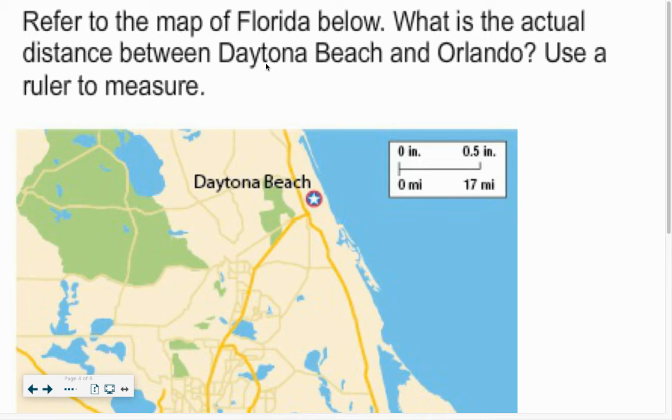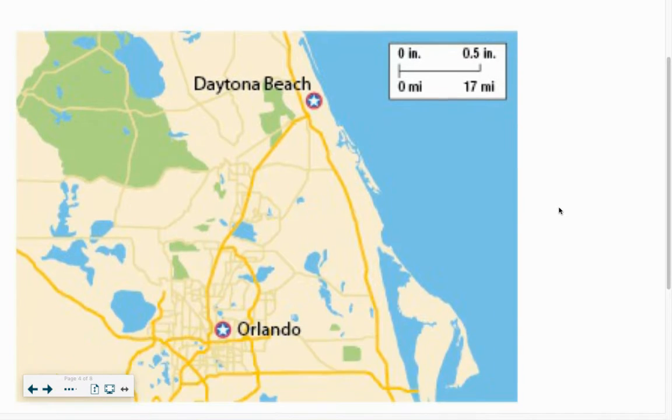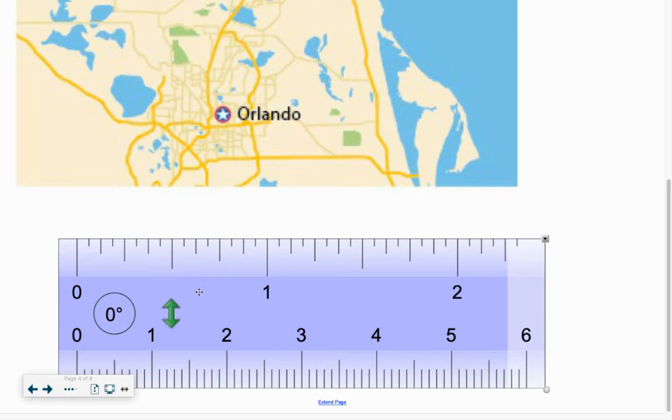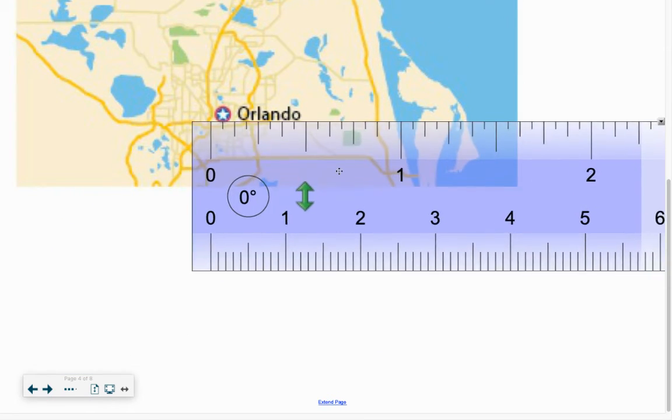Of course, we're going to be given some things like this, again, where we have to go and measure. So it says refer to the map below, or yesterday's assignment it said go to example 1 and then find the distance. So again, with our rulers, we would measure. Today we don't have to do any measuring, but coming all the way down here, this one is switched to an inch ruler.